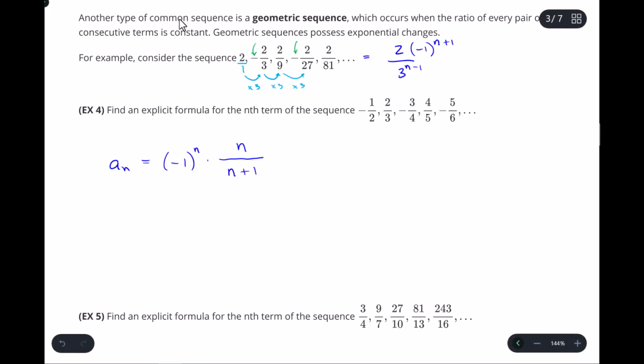So the denominator would be n plus 1. So there's an explicit formula for that particular sequence. You might not have a sequence that's entirely linear or entirely geometric. It might be a mix, and you can still identify how those match up.